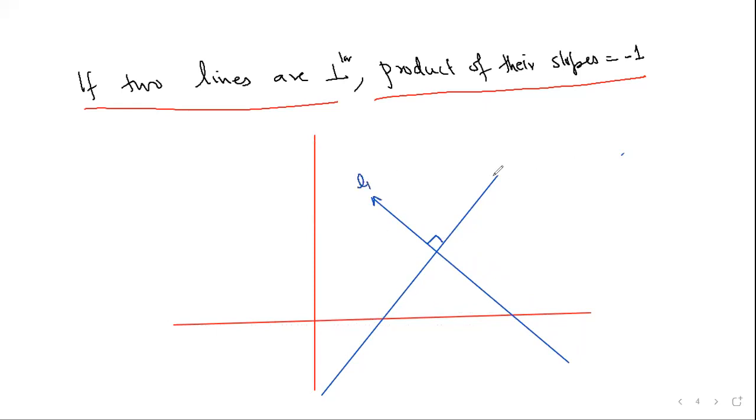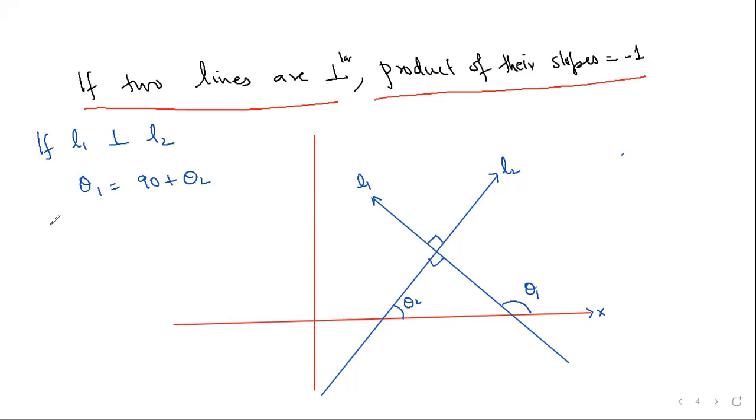That's called L1, and this is L2, with theta 1 and theta 2. This also will be 90. If L1 is perpendicular to L2, then theta 1 is equal to 90 plus theta 2 from this diagram.